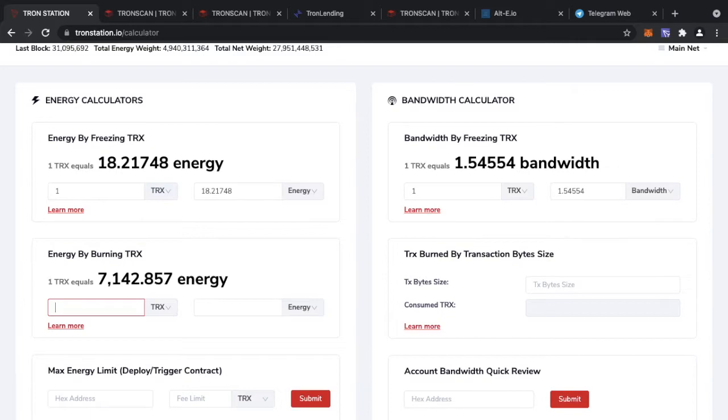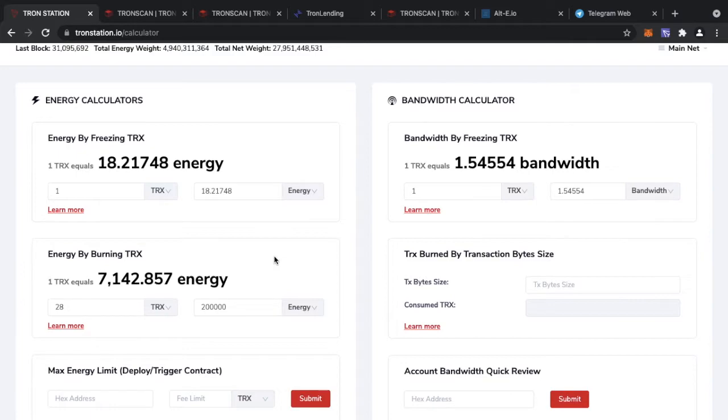So if I go to tronstation.io and look at the calculator and type in 200,000 in the energy box, to perform that transaction will cost me 28 Tron. So if I had no energy frozen, it would cost me 28 Tron. And as we all know, 28 Tron at 7 cents, you're looking at about $2 for a transaction.